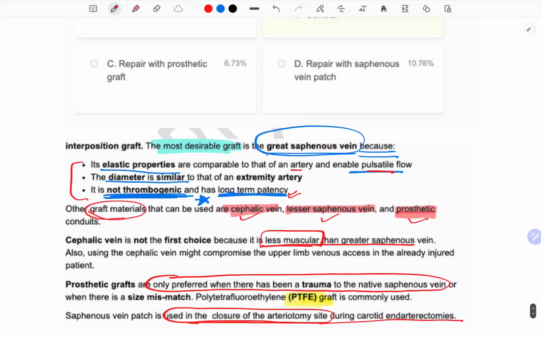If I have to rule out, the cephalic vein is not the choice because it is less muscular. Prosthetic grafts are preferred only when there is trauma to the native saphenous, and if we do it, we use PTFE because it is a soft graft. Saphenous vein patch is only used during the closure of the arteriotomy site during carotid endarterectomy surgeries.